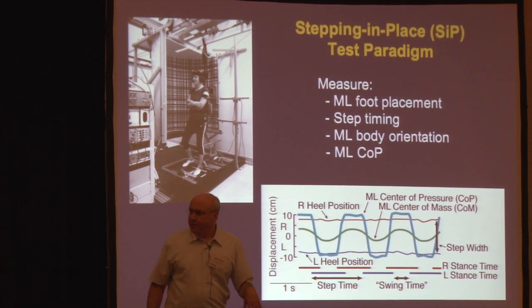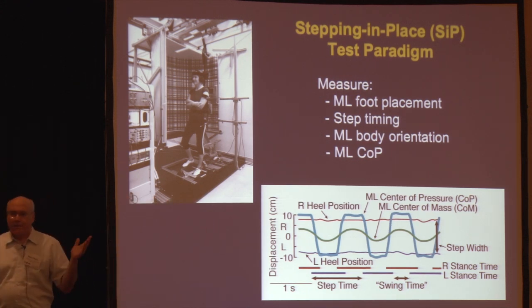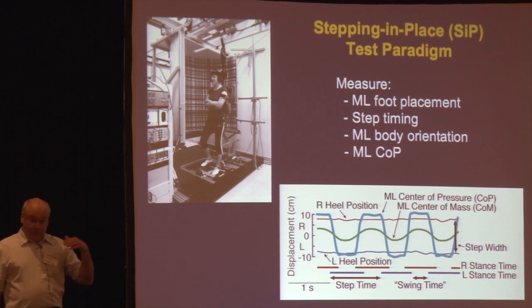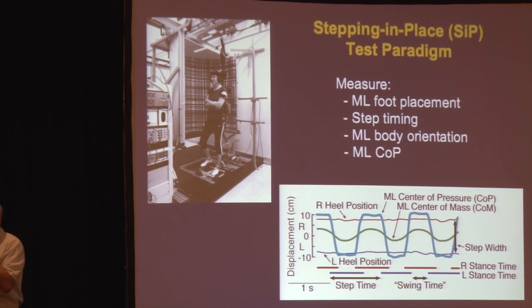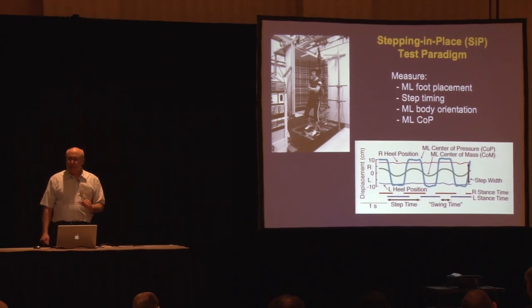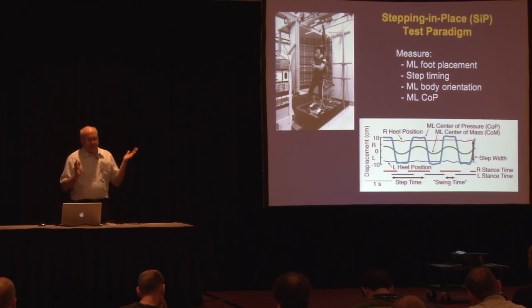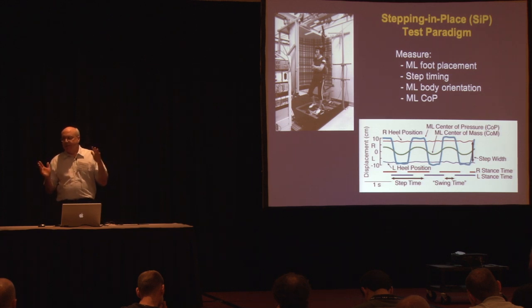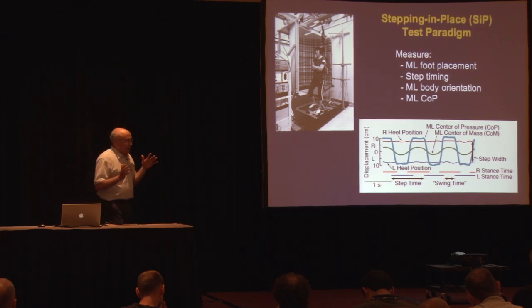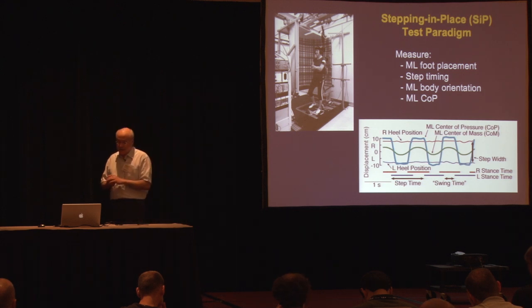So if you lift up the foot that's on the side that you're tilted towards, gravity has a bigger effect than when you lift up the foot on the other side. And so what mechanisms might be coming into play to maintain that orientation? Or even the first question is, do you really orient like you do in quiet standing during a gait-like task?